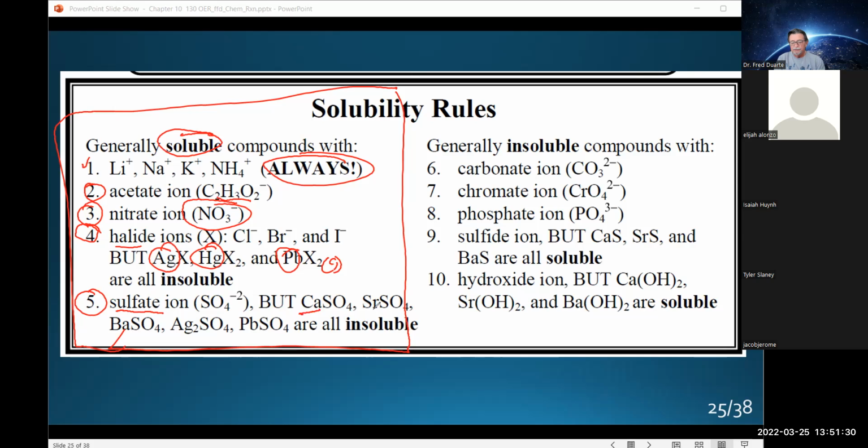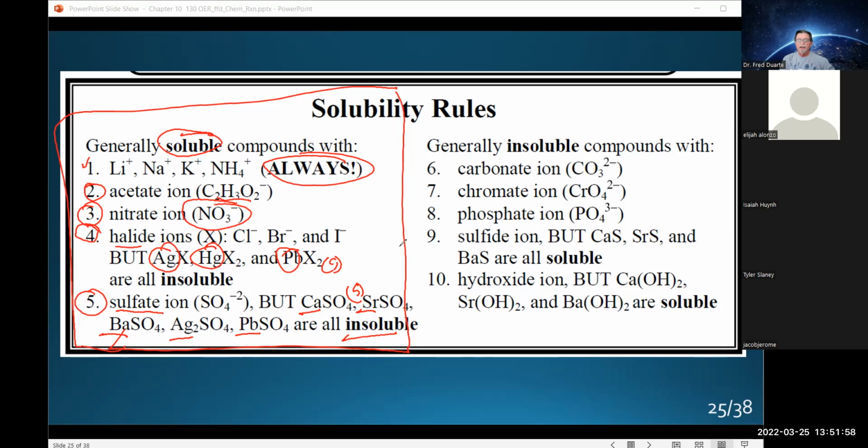Calcium sulfate, strontium sulfate, barium sulfate, silver sulfate, and lead sulfate are classified as insoluble in the aqueous solution. And so there are thousands of other metal sulfates that are soluble, except the calcium, strontium, barium, silver, and lead. Okay. All right.